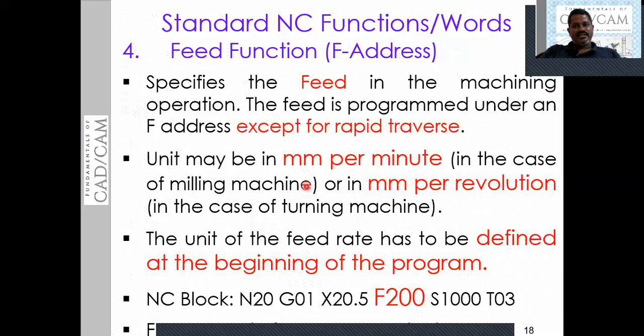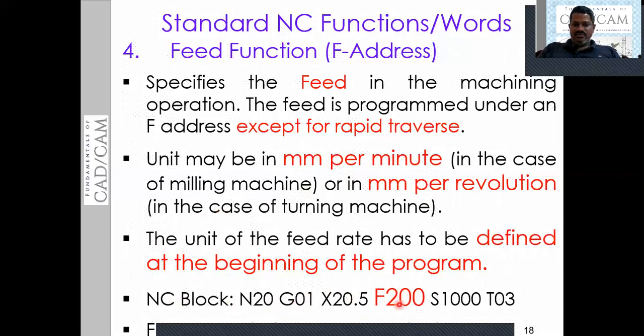We will discuss this in detail in the coming sessions. The functions required to specify the units are called preparatory functions, which are specifically related to the control of the tool. We will discuss the different types of preparatory functions, or G codes, in the coming sessions.